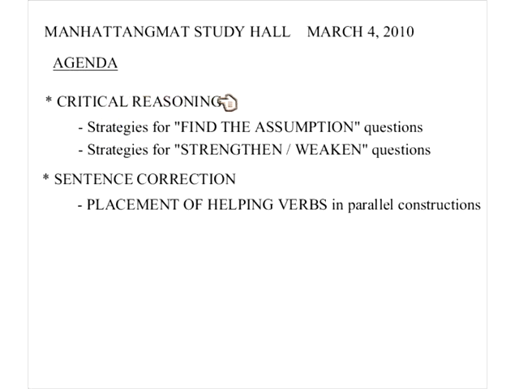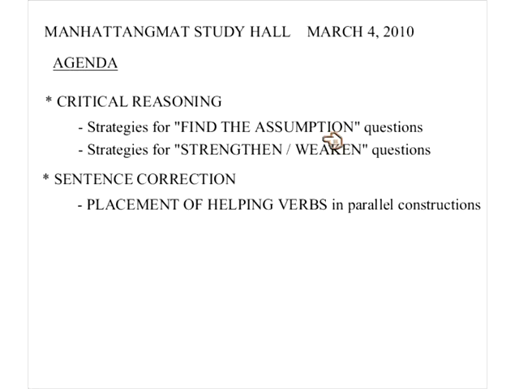Critical reasoning, we're looking at two departments, which are find the assumption and strengthen and weaken. For those of you who don't know, ideally you should be considering each department of critical reasoning as actually a separate type of question.